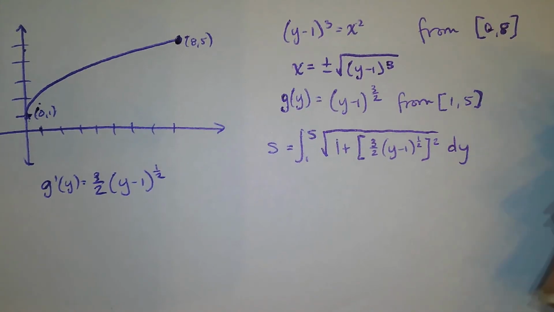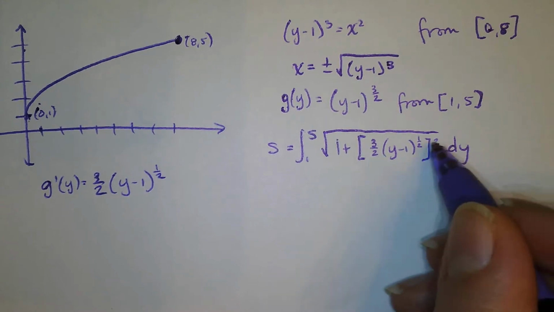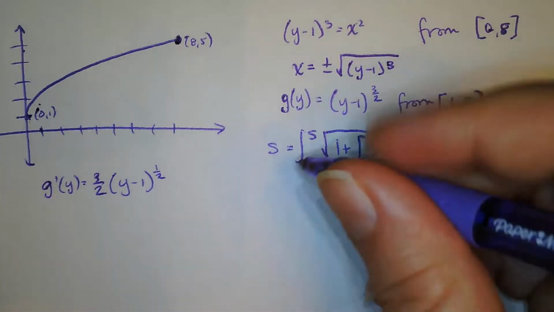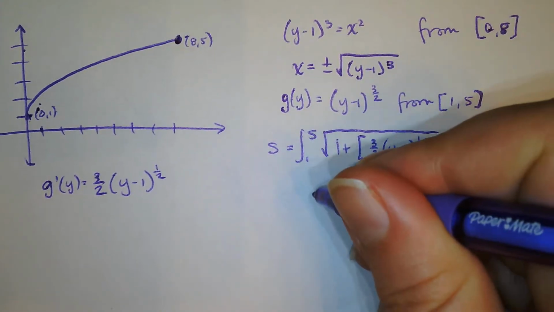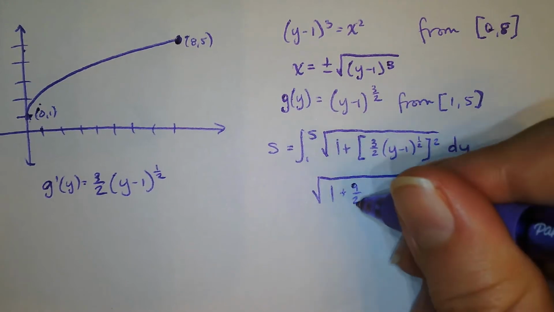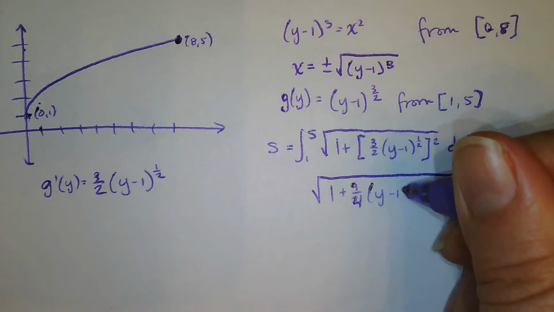All right, we've got to definitely do some simplifying in here. So 3/2 squared is 9/4, excuse me, because we squared the top and the bottom. The square root and the square are just going to cancel, so I'm just going to focus on the square root for now. 1 plus 9/4 times (y minus 1).